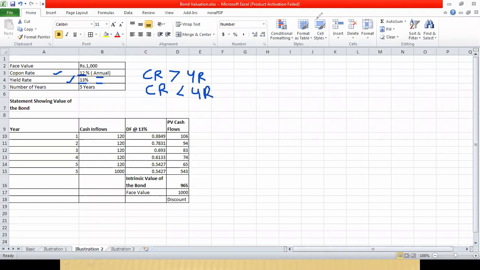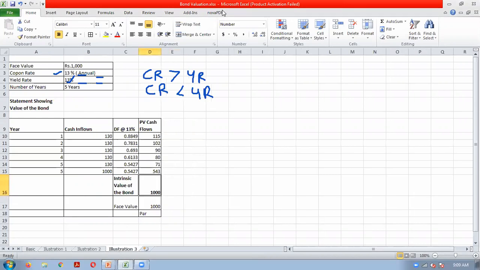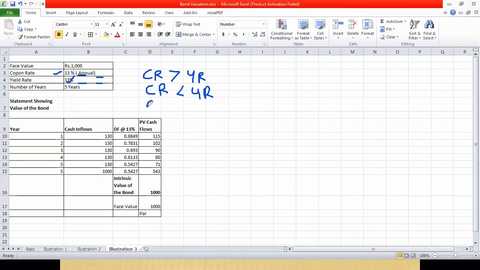And in illustration number 3, coupon rate is 13 percentage, yield rate is 13 percentage. So coupon rate and yield rate are the same. So these 3 relationships we can establish in bond valuation based on the coupon rate and yield rate.